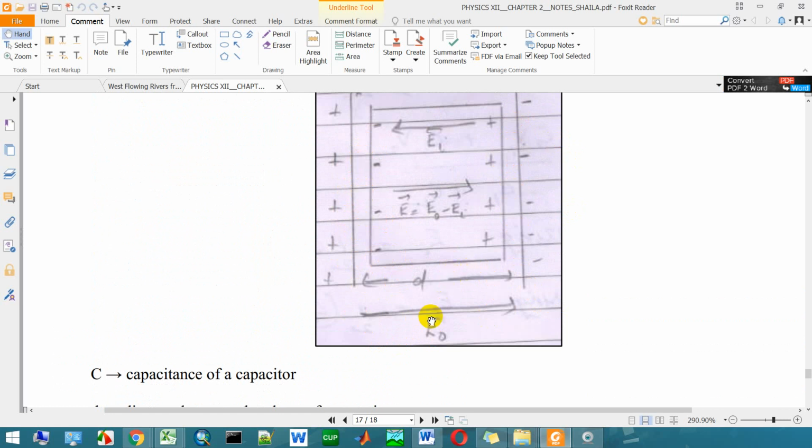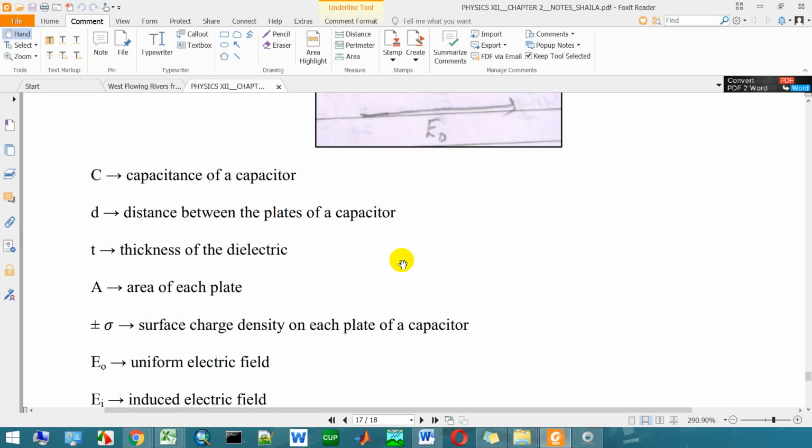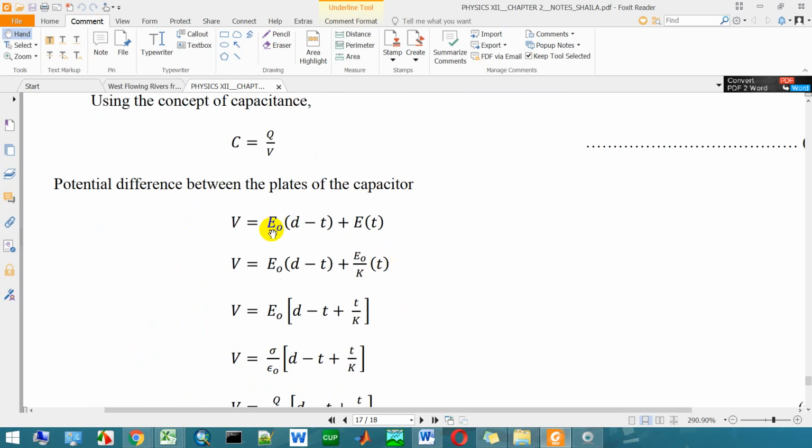And E is only in the region of thickness t of the dielectric slab. That is why the potential difference is E naught (d minus t) plus E t.